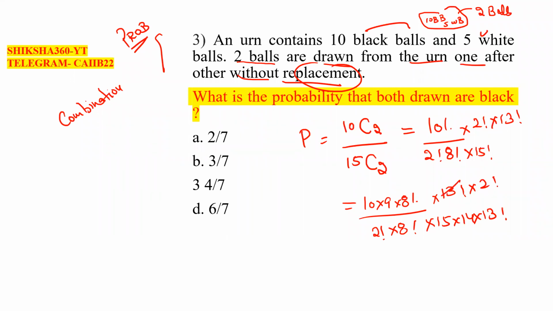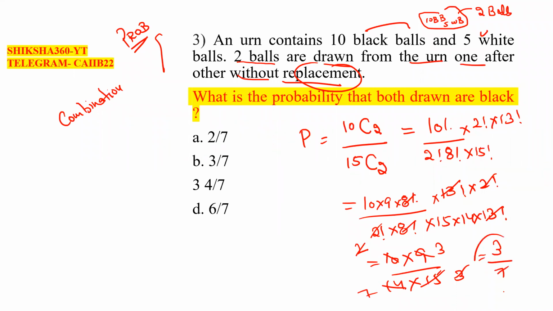We cancel out the common terms, leaving 10 into 9 upon 14 into 15, which simplifies to 3 by 7. So the answer is option number B.